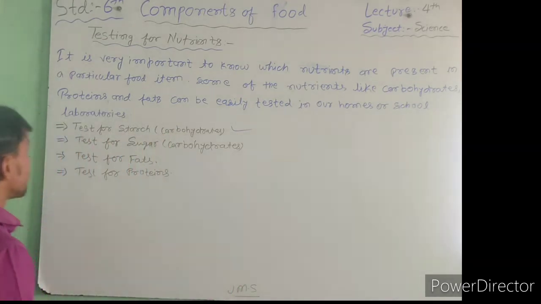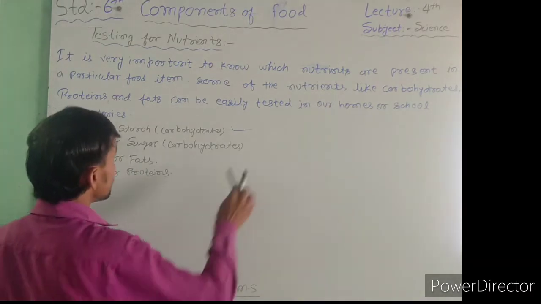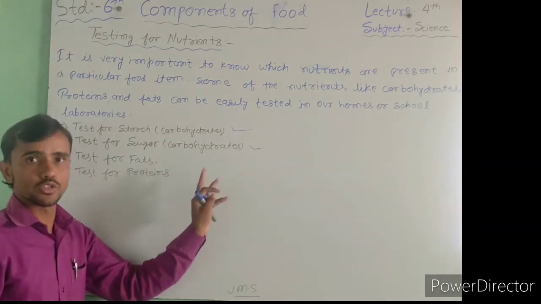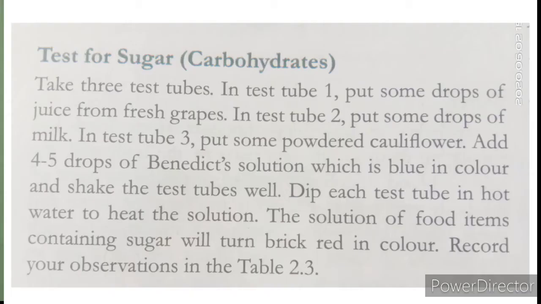Our next topic is test for sugar, which is also a carbohydrate. See these points and write them in your copy. For the second test, take three tubes. In the first tube put some drops of fresh grape juice, in the second some drops of milk, and in the third some powdered cauliflower.